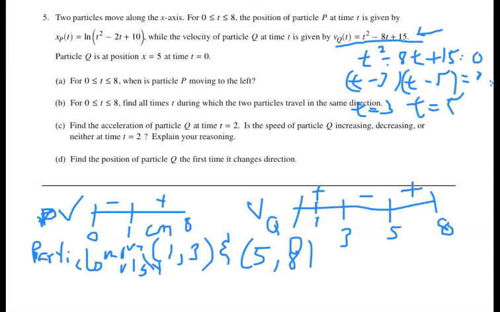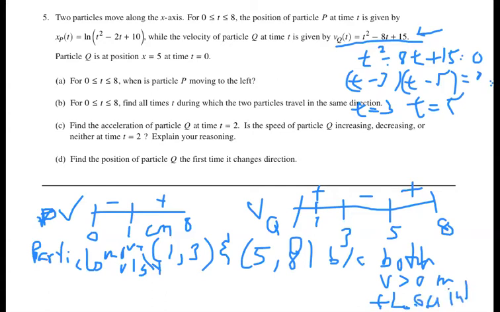If you want, you could say because both velocities are greater than 0 on those intervals. You could even say they have the same sign on those intervals.